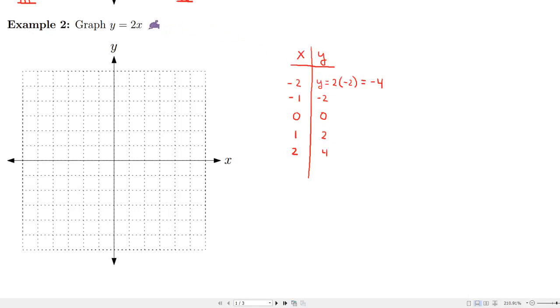So you're writing out your pairs of points here. This now gives us a pair of points, (-2, -4). And what we can do is pretty much what we just did above, which is plot these corresponding points and see what happens.